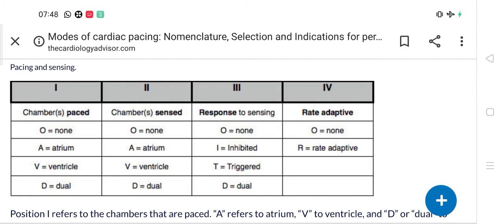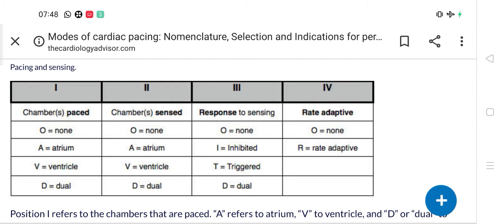What is T? T is triggering, which will come in a DDD kind of configuration. So for the first position, chamber paced, it is either O, that is none, no chamber is paced, or A, the atria is paced, or V, the ventricle is paced.